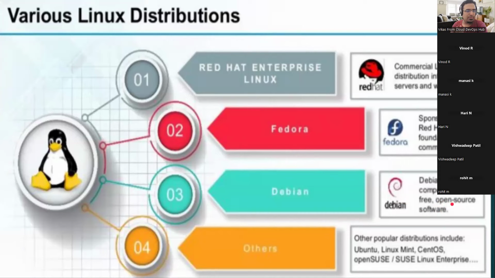Clear? Ubuntu will come into this category. My Unix server will come into this category. CentOS will come into this category, because if it's sponsored by Red Hat, or wherever Red Hat is available, you can understand that it can be an enterprise edition software, application or operating system as well.